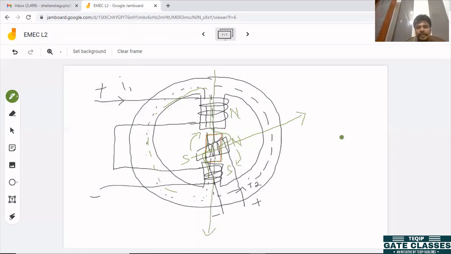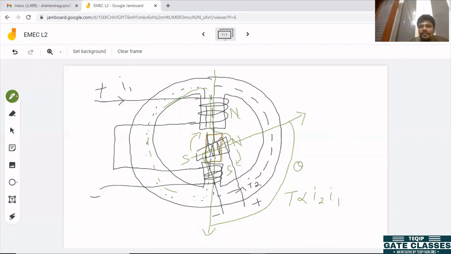So this is the angle theta. So the torque will depend upon the strength of the rotor magnet, that is I2, the strength of the stator magnet, that is I1, and sine theta.